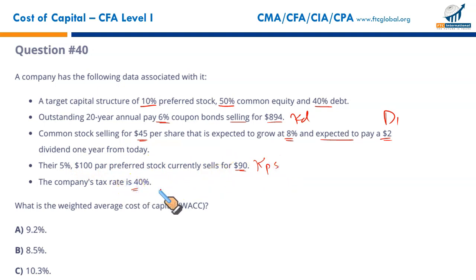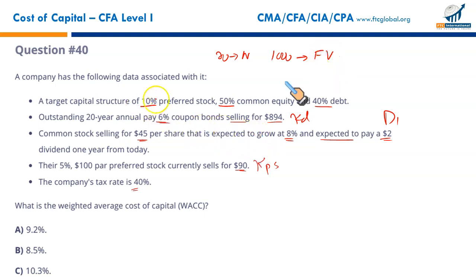Tax rate is given, and a very good question. Many things need to be computed before you calculate the weighted average cost of capital. Let us first go with the debt. 20 years debt, N is 20. Next, future value, face value, that is 1,000. 894 means 1,000 is the face value.